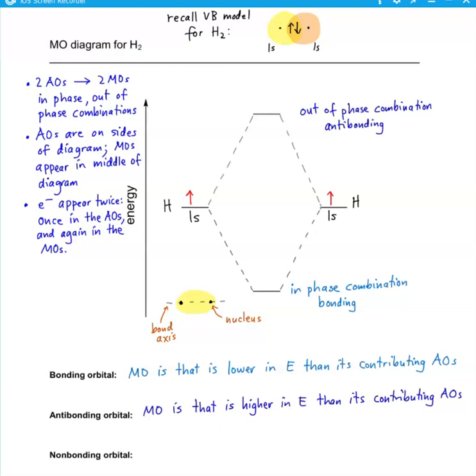Now, I'd like you to imagine something. Imagine that this is a watermelon, because that's more or less the shape of this orbital. Imagine that you have this watermelon, and then imagine that it's impaled on a yardstick. So the bond axis, pretend that's the yardstick, and then you've got a watermelon on it.